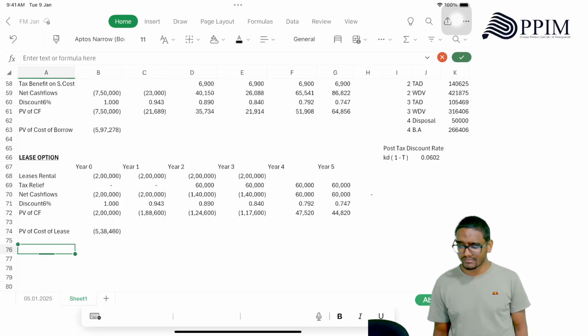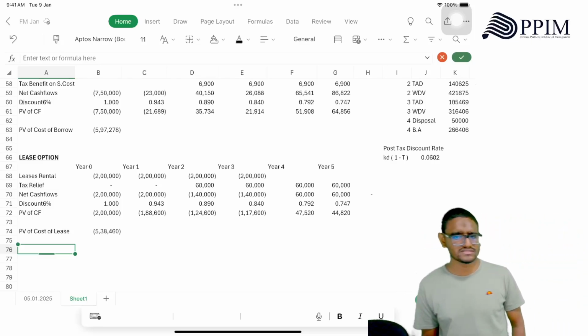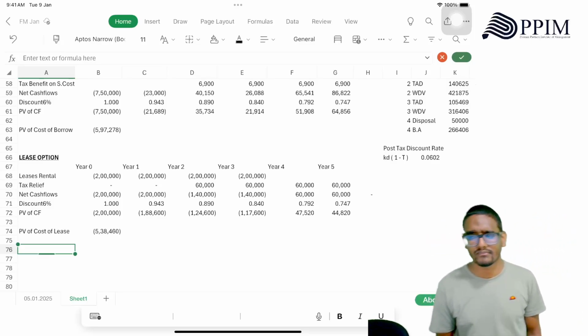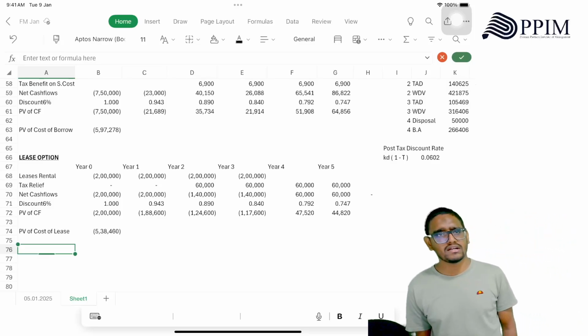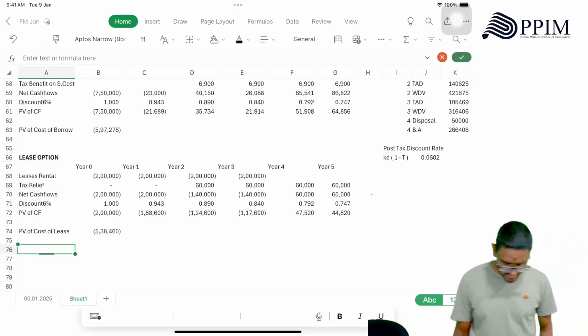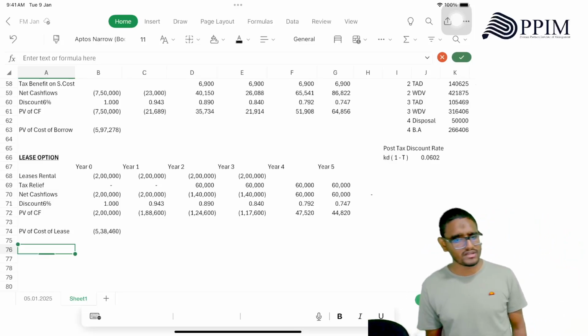One is look at maybe a joint venture option. I'm just coming up with random stuff. Joint venture option. Ask someone to take part of your shareholding. Maybe you can do something called crowdfunding or peer funding.